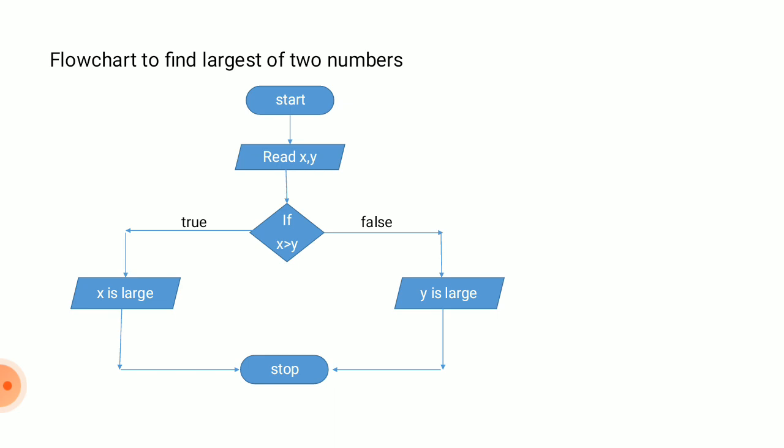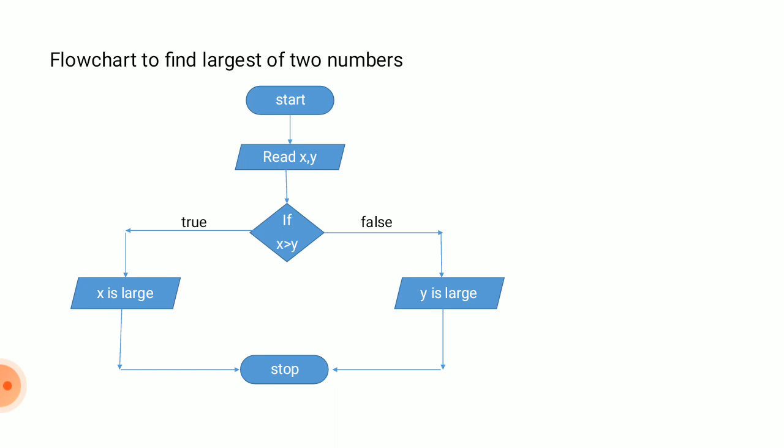So in the rhombus write if x is greater than y. Here we are doing the comparison. Based on the condition, the condition may be true or the condition may be false. If the condition is true, then what does it have to print? In print, x is large. If the condition is false, then it prints y is large.